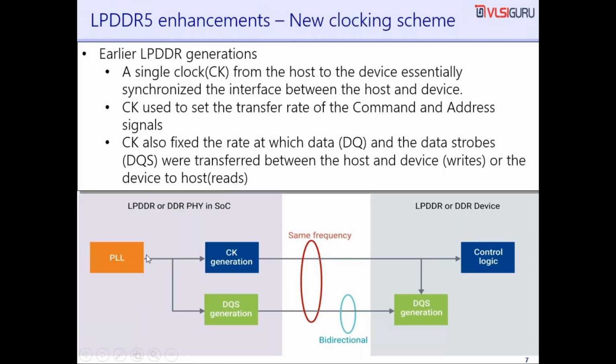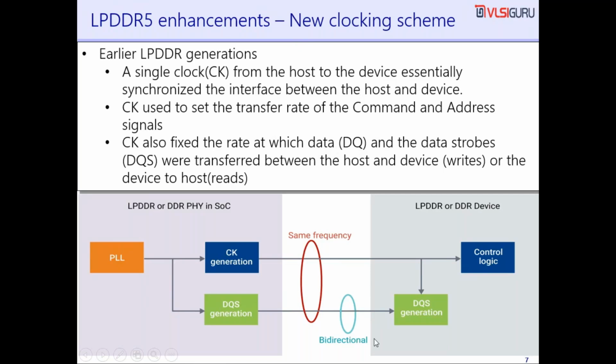So you see, you have the LPDDR controller, and the PLL is generating the clock. The same clock is used for DQS generation. So both clock and DQS were driven by the same frequency. When this clock comes, using the same clock we are generating the DQS, which is used during the read operations.